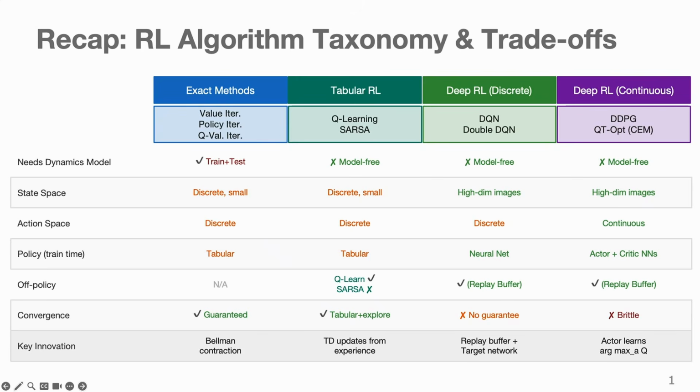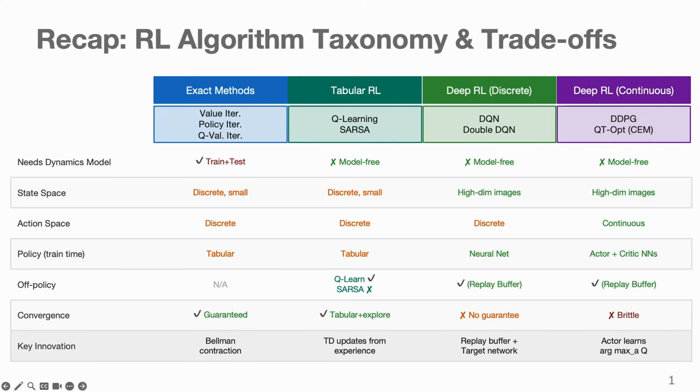But as we discussed, they assume that you have a dynamics model, which we often don't in robotics. Then we moved to tabular RL, like Q-learning and SARSA, to start learning from experience, towards model-free methods.